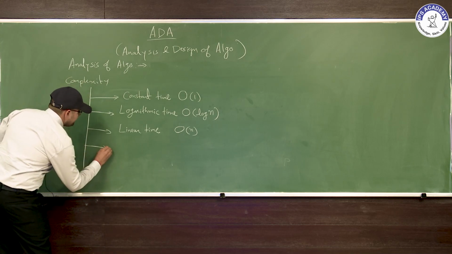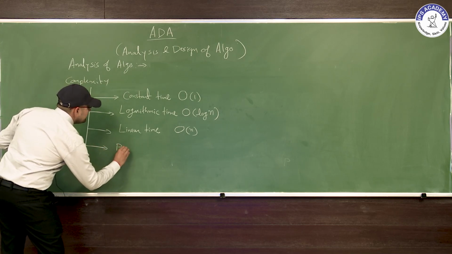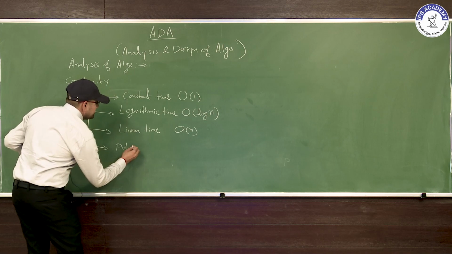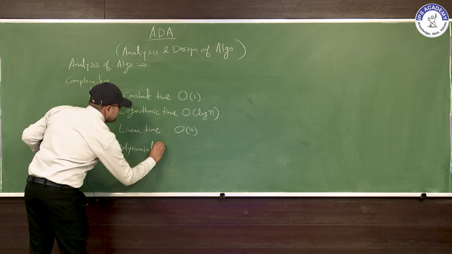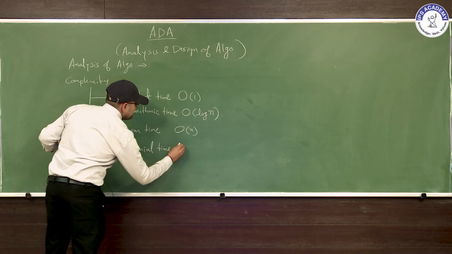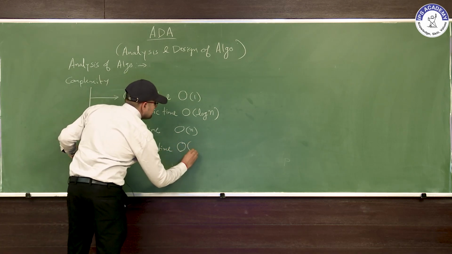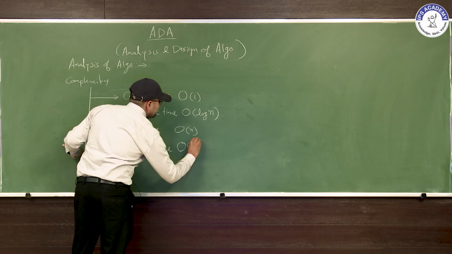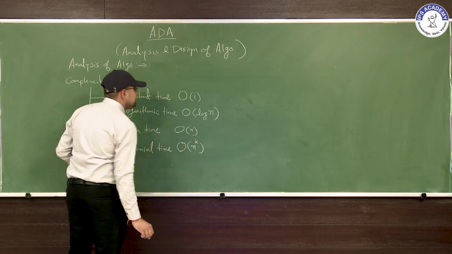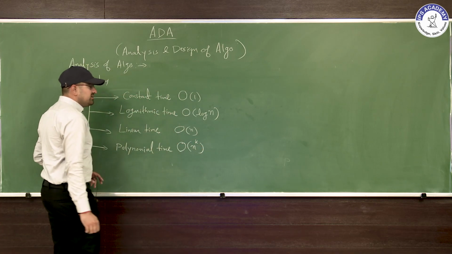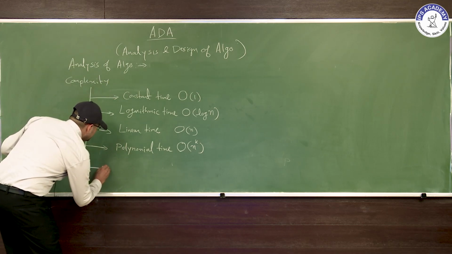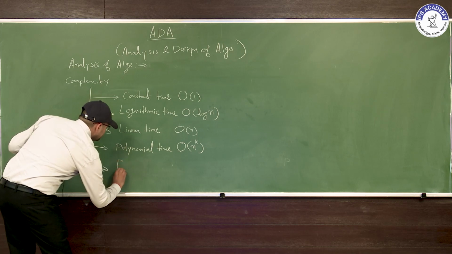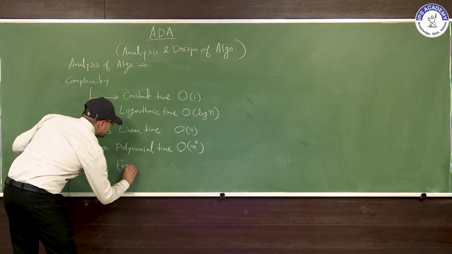Then polynomial time complexity, represented by n to the power k. In general form I have written k here, and k can be any constant. And at last comes the exponential time.